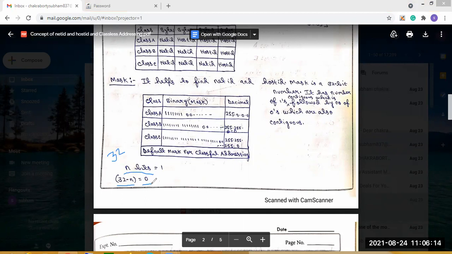Means for the first n bits we use ones, and for the remaining 32 minus n bits, we use zeros.